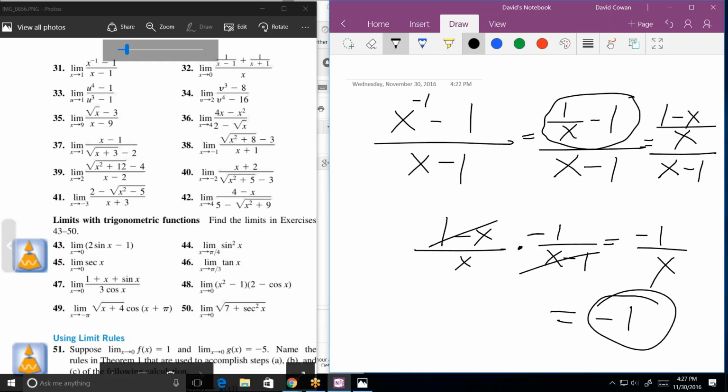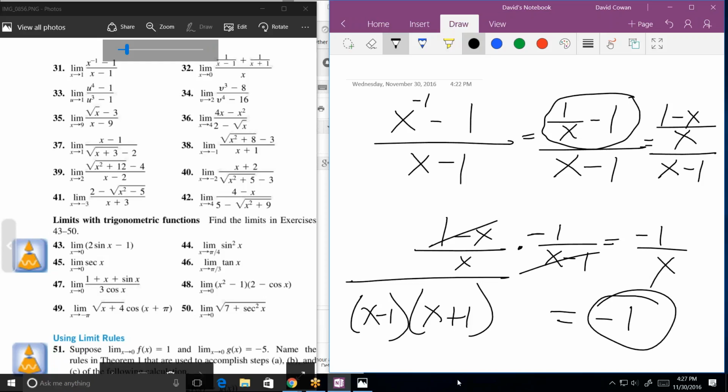What's the common denominator for 32? x plus 1 or x minus 1, the product of those two. Whenever you have fractions with variables, the common denominator is almost always the product of this times that. Don't multiply them together. Leave them looking like this: x minus 1 times x plus 1, that's your common denominator.